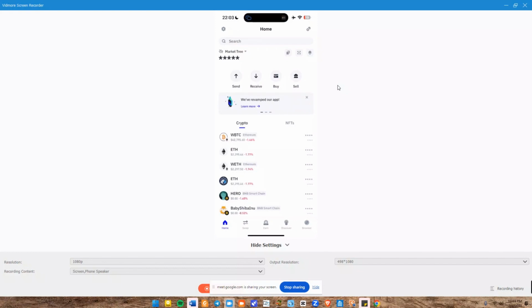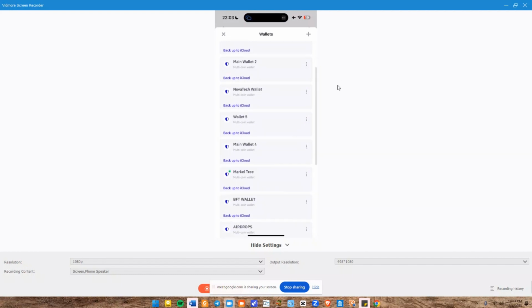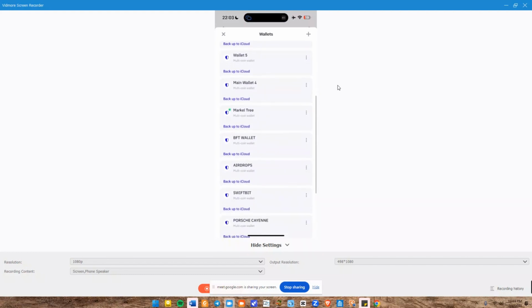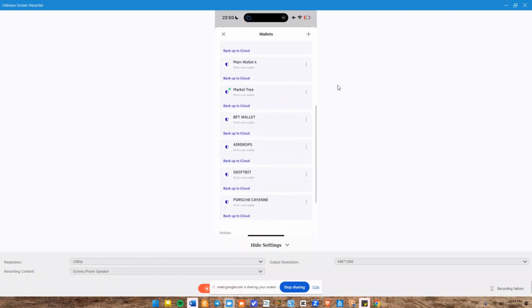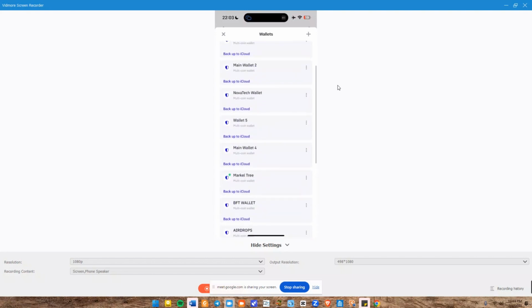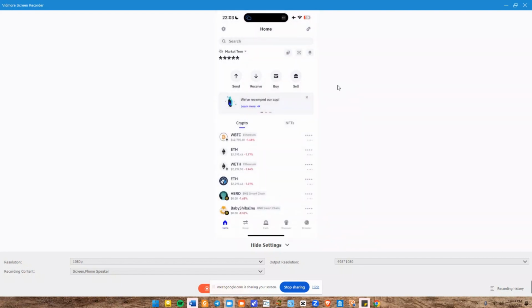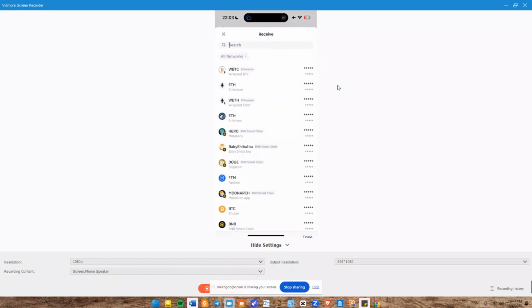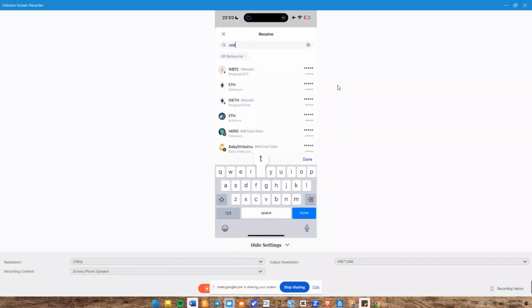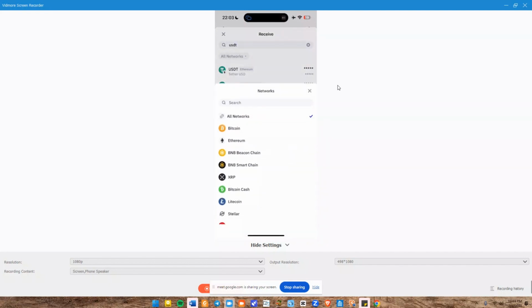Yes. Good. So let me take a wallet, let me just use this one called Maco3 here. So if, for example, I click on receive and I search on USDT, you will realize here, can you see on top here, there is all networks.